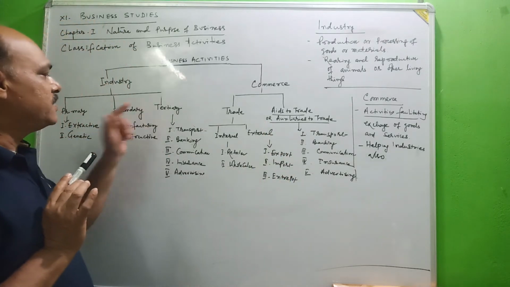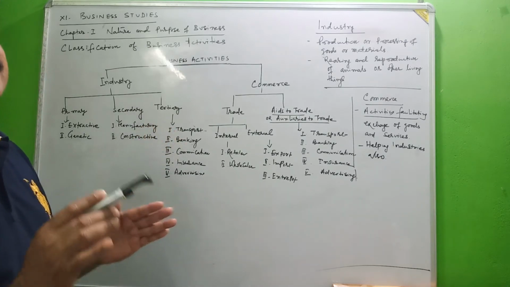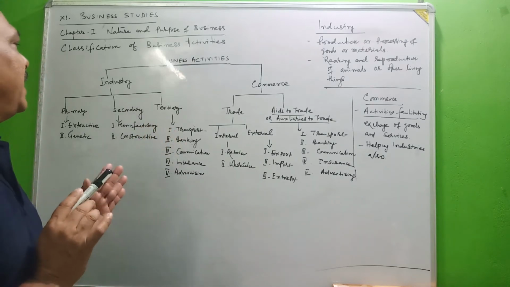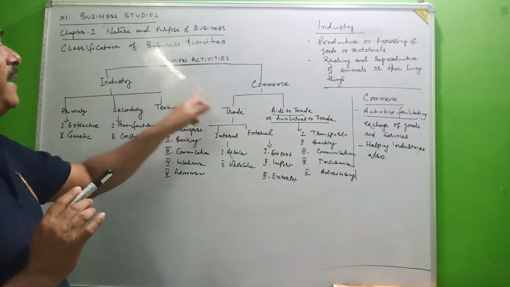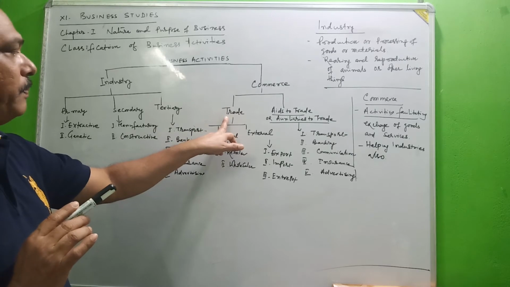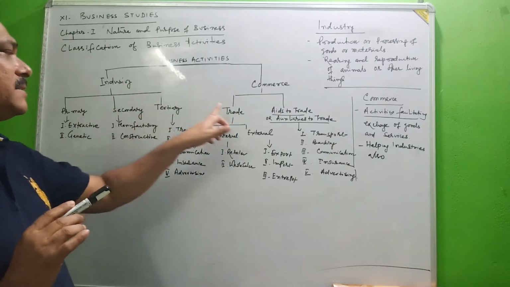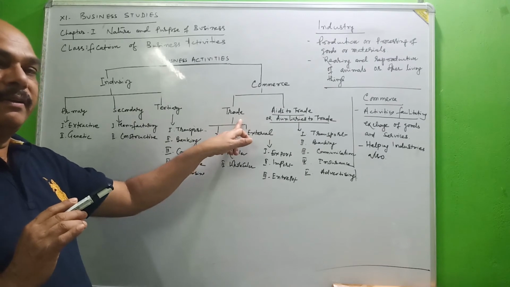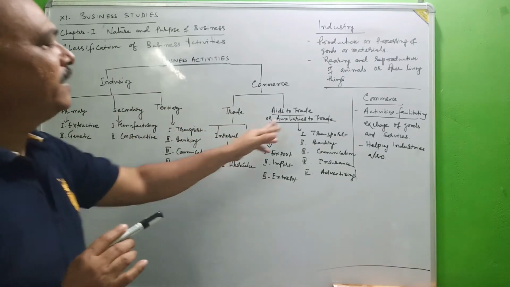So tertiary industries are facilitating industry and trade. That means primary industry, secondary industry and trade, these three are facilitated by the tertiary industry and aids to trade.